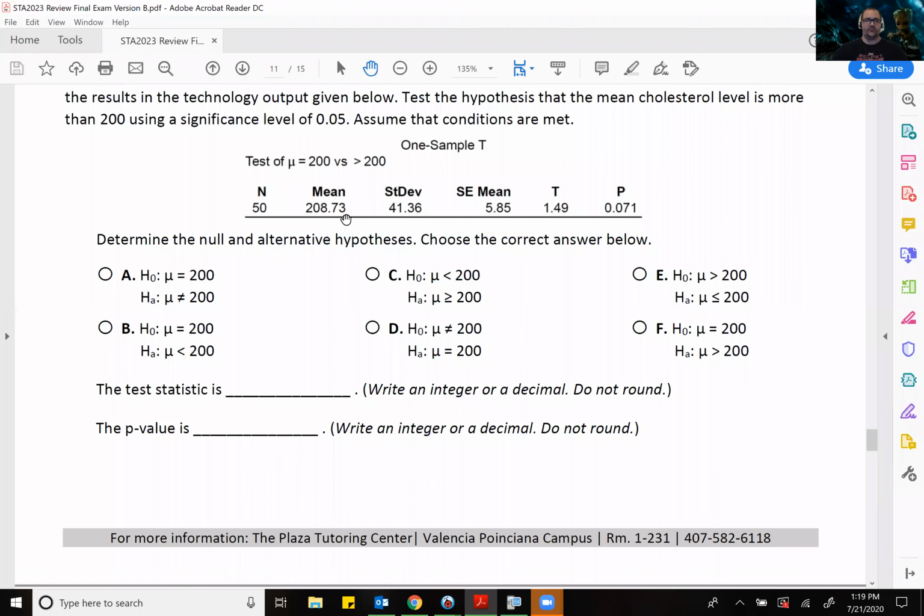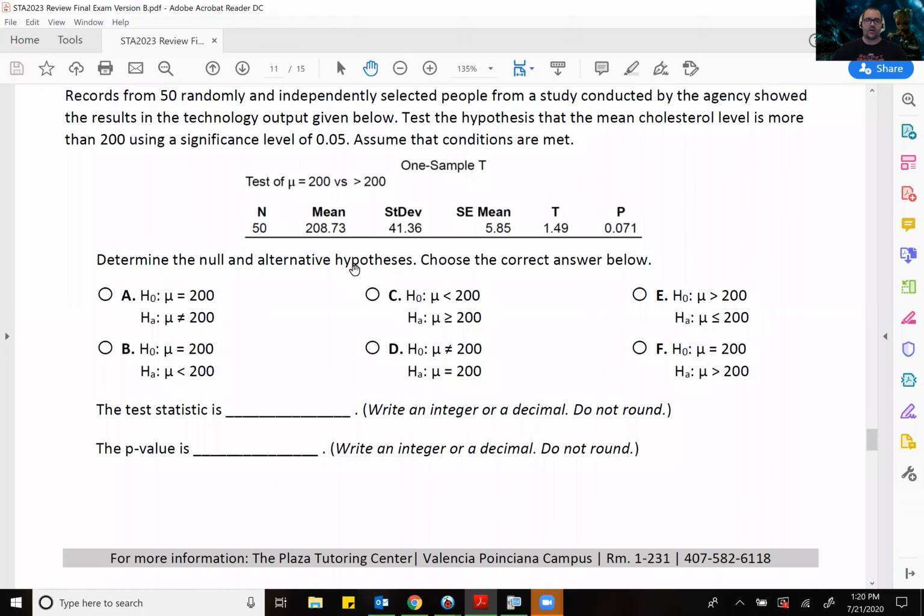Okay. So it says test the hypothesis that the mean cholesterol is more than 200 using a significance level of 0.05. Okay, assume conditions are met. So CLT, we don't have to worry about. All right, so the first thing is determine the null hypothesis and the alternative. Here's the null, here's the alternative. We just got to make sure we select the correct one, okay? So first off, we need an equal sign for the null. So A works, B works, F works.